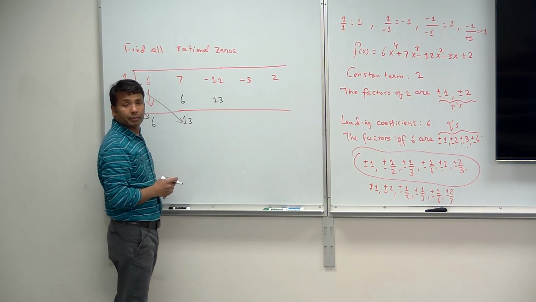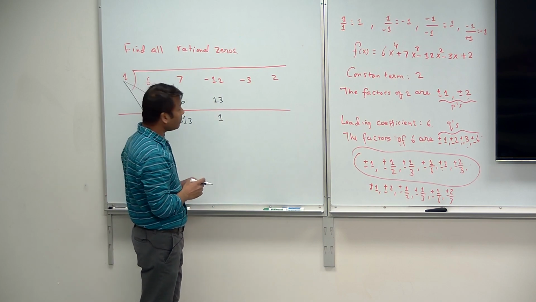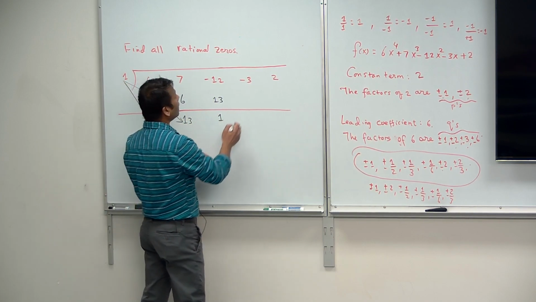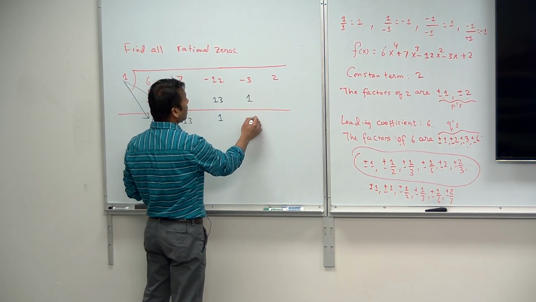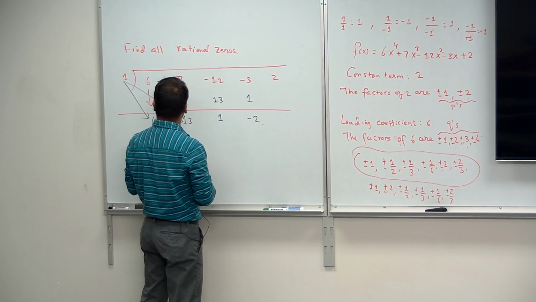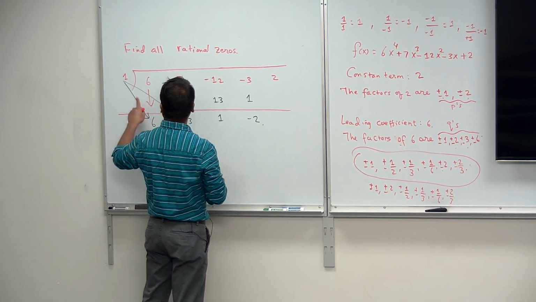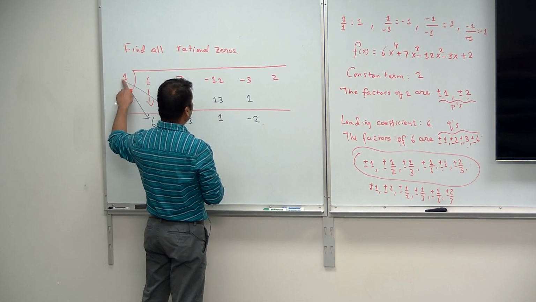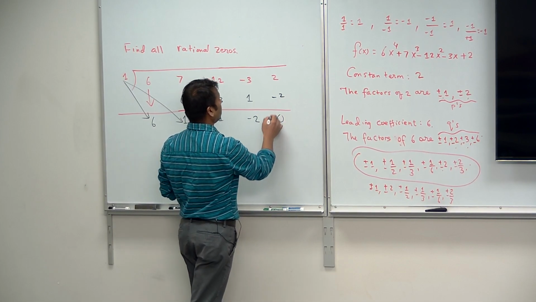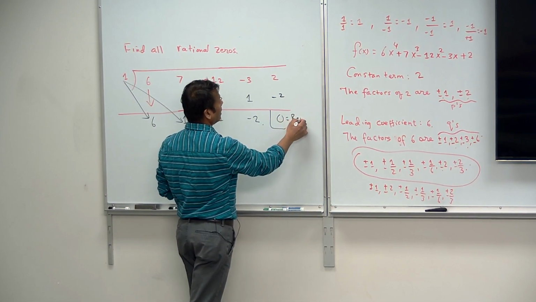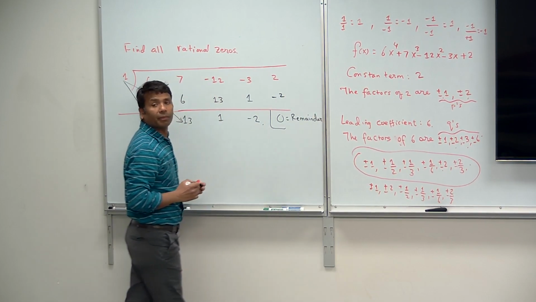Put it here. So negative 12 plus 13 is positive 1. You multiply 1 and 1. You have a 1 here. And negative 3 plus 1 is negative 2. Is that right? And then 1 times negative 2 is negative 2. You got a 0 here. So this is the remainder. Are you with me?